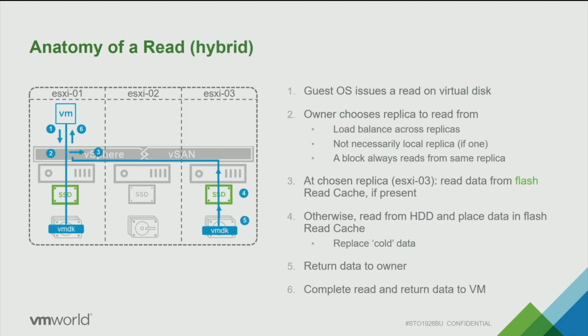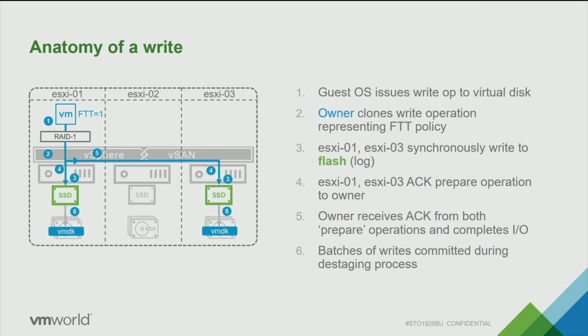Well, let's look at how the reads work in a little bit more detail. The other thing to note is that once the write is in the write cache, it's been acknowledged and we're done from the guest perspective. Now on the back end, that write will destage down to the capacity tier. We do some bit bucketing and try to group a bunch of writes together that are close. There's a couple reasons for this.